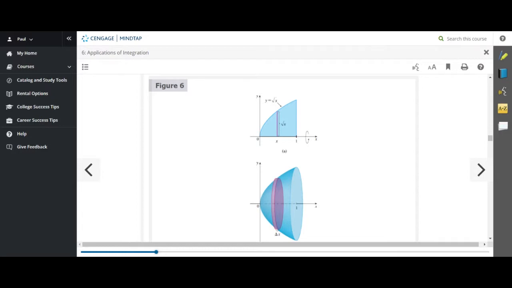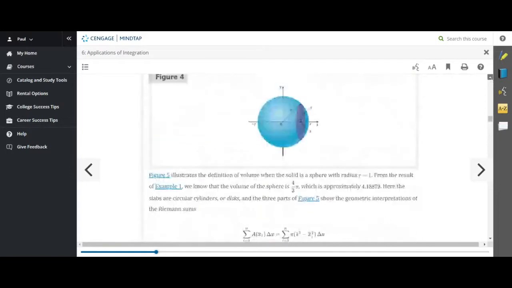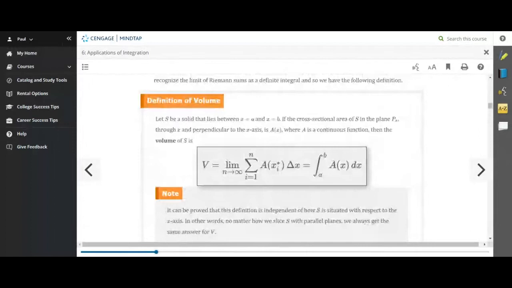And the radius is going to change based on where x is. So square root of x is the radius. So the cross-sectional area for that disk would be pi times the square root of x squared. And so given that, using the formula we just learned, this formula for volume, right?